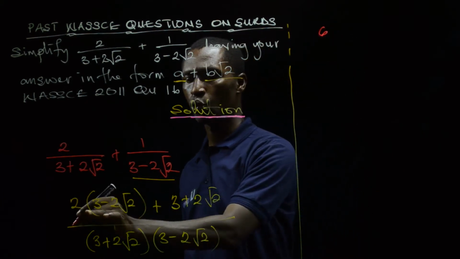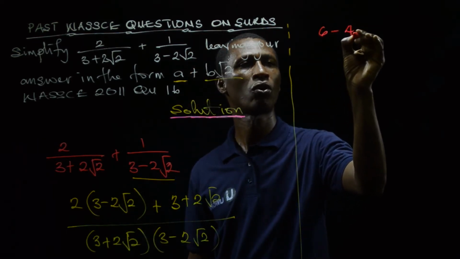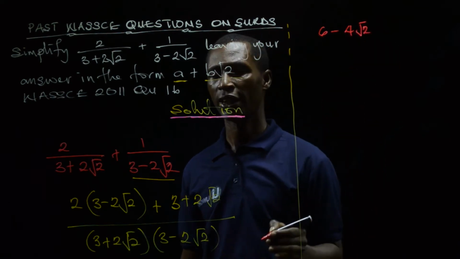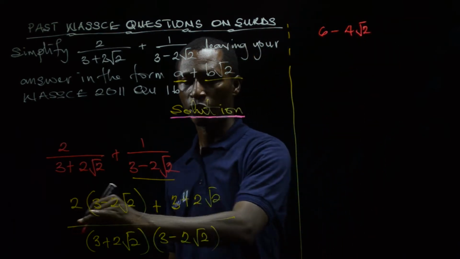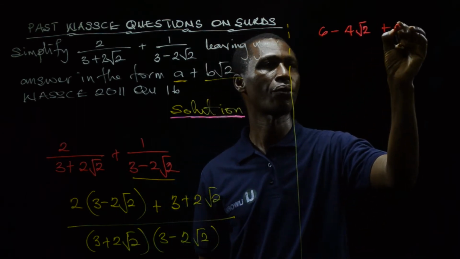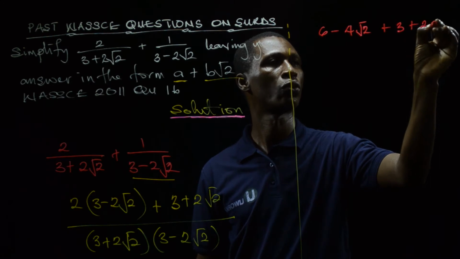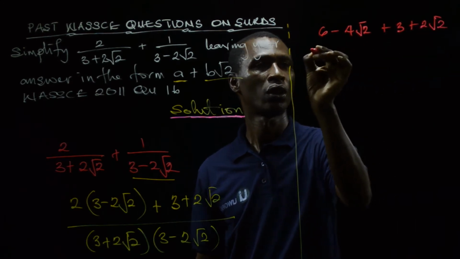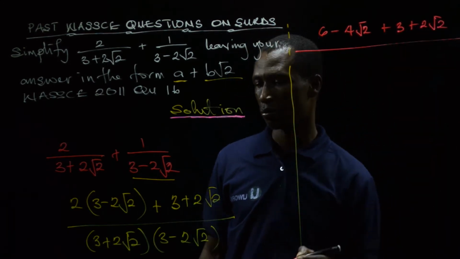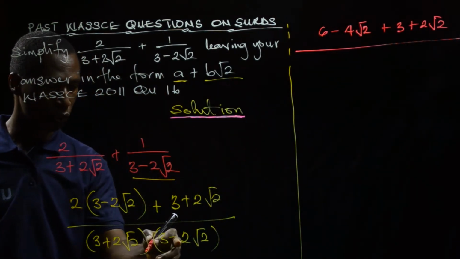Then 2 times negative 2 root 2 will give me negative 4 root 2. Negative 4 root 2. So the 2 has finished. Plus, we've gotten 3. 3 plus 2 root 2. Now the denominator. 3 is multiplying 3 minus 2 root 2.